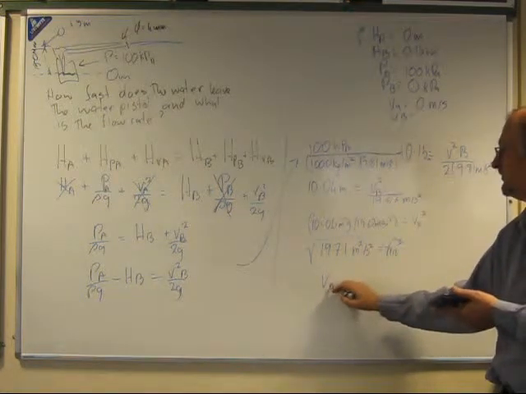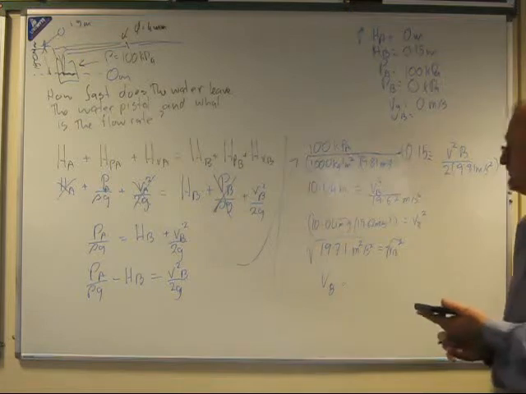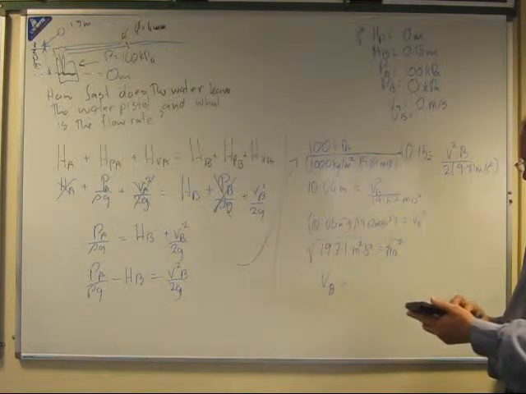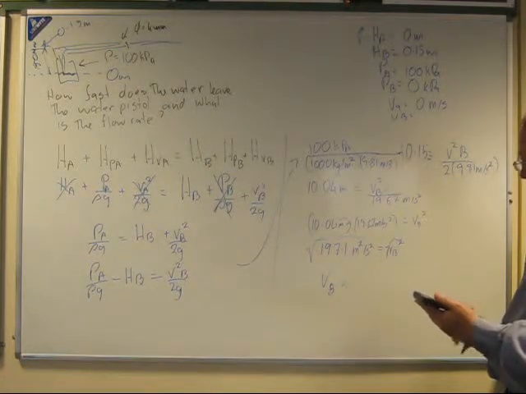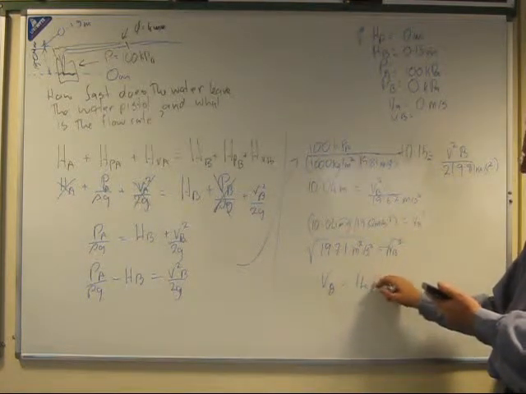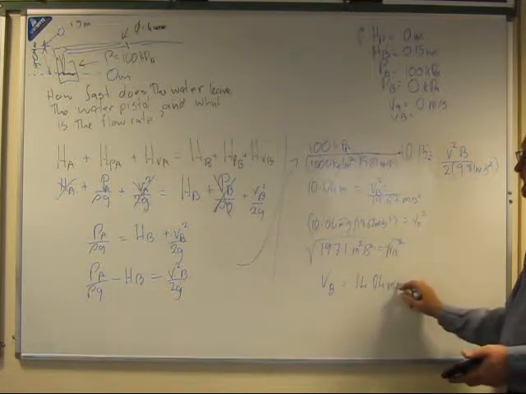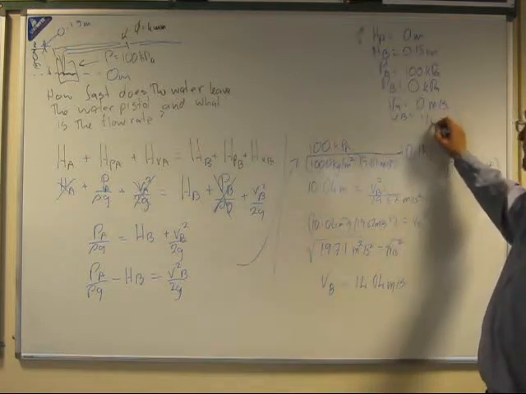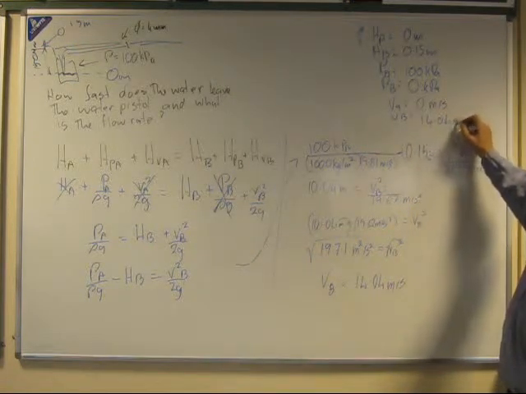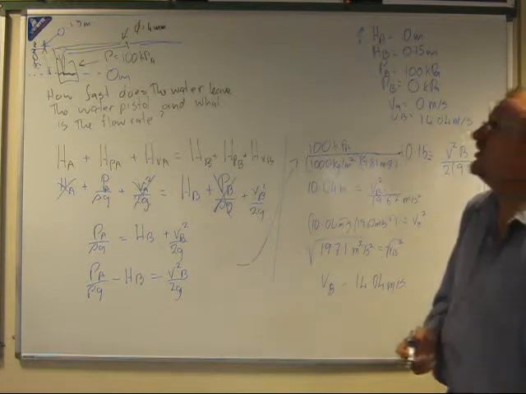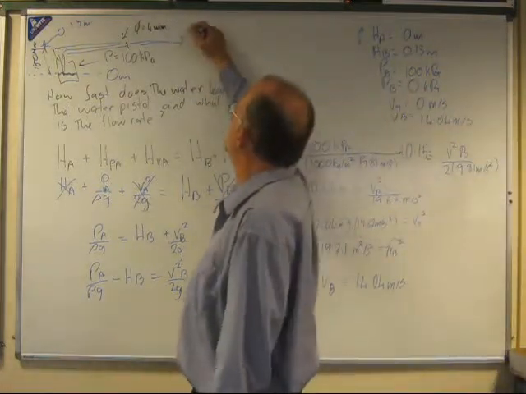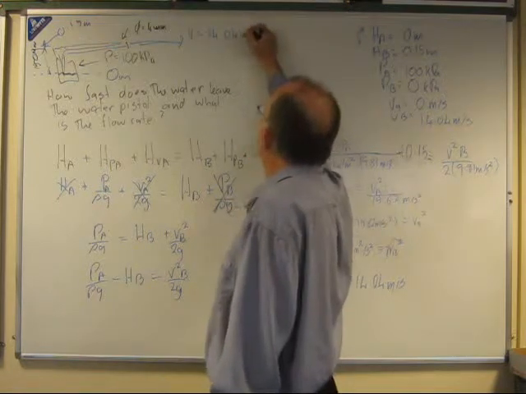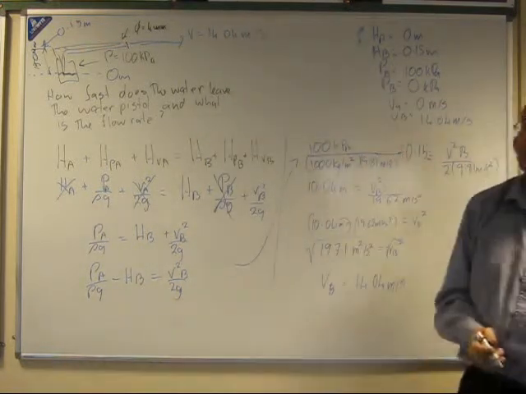Velocity of B is going to equal the square root of 197.1, which is 14.04 meters per second. So that's going to be the outlet velocity. So that's how fast it's coming out.